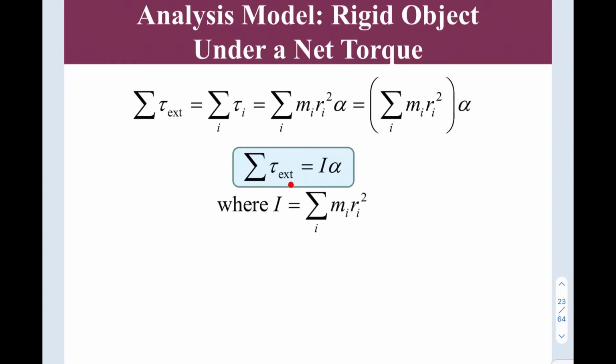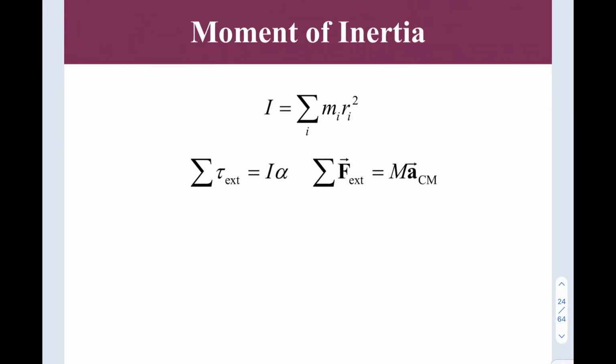Finally we have the sum of external torque on the system equivalent to I alpha, where I is the sum of m i r i squared, meaning that we have to add up every single moment of inertia for each object. This is similar to the sum of external F equivalent to ma, where a is the one experienced by the center of mass of that particular object.